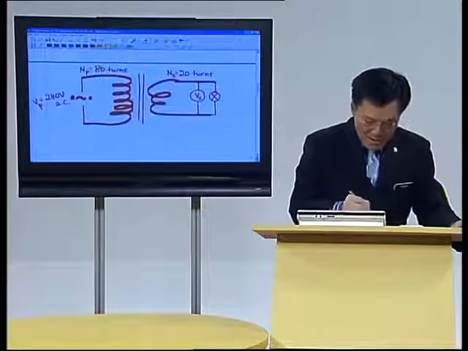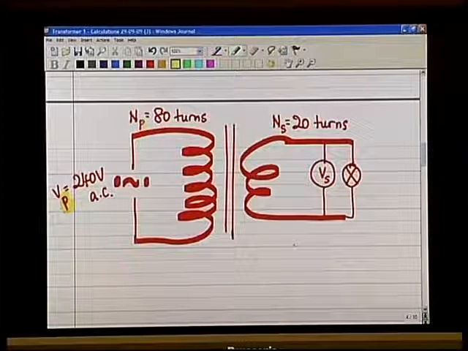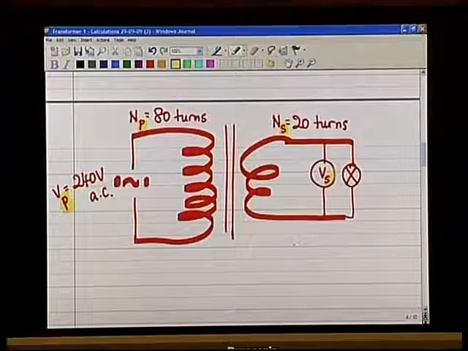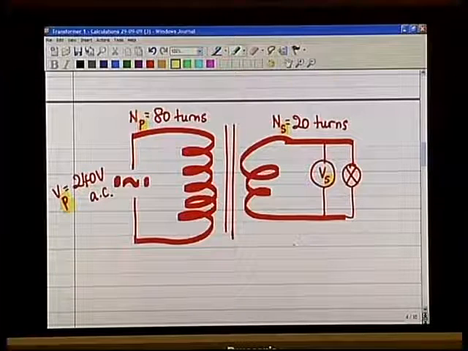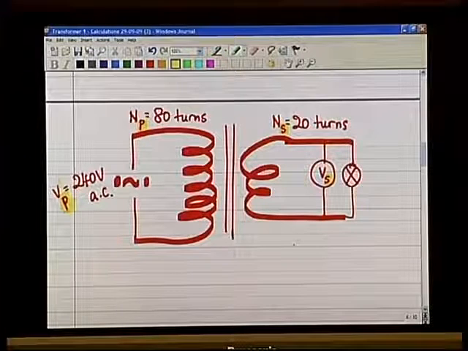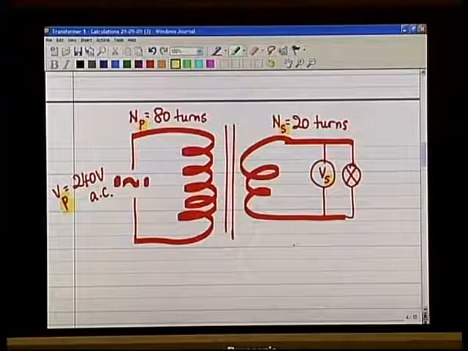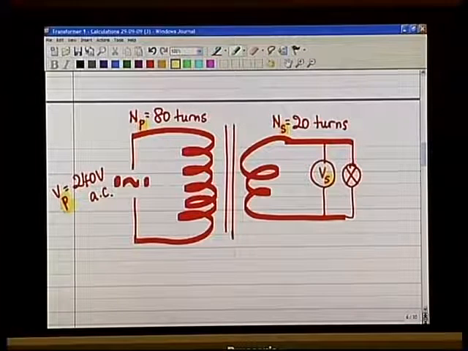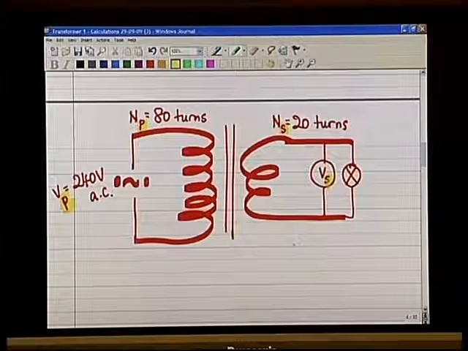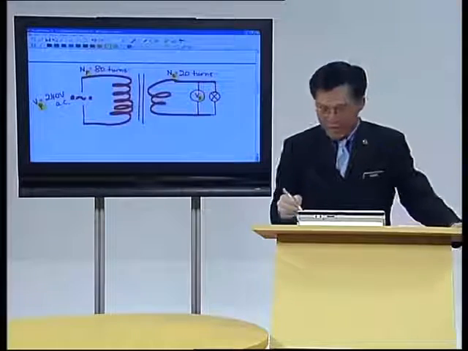The subscript, very important, the subscript S. So this is the number of turns in the primary, the potential difference in the primary coil, number of turns in the secondary, and this is the potential difference across the bulb in the secondary coil. Okay, now we are ready to look at the formula.